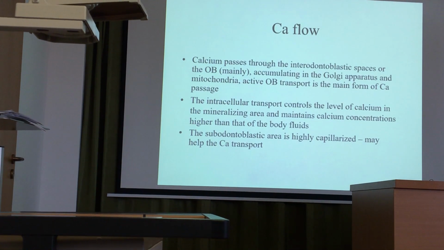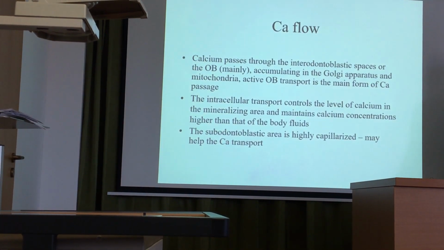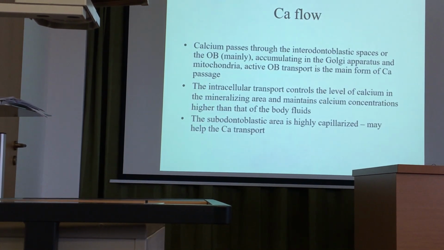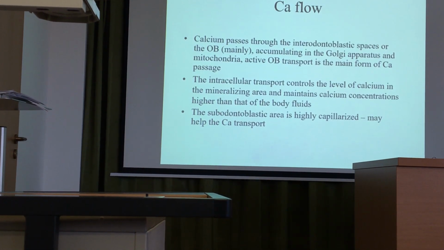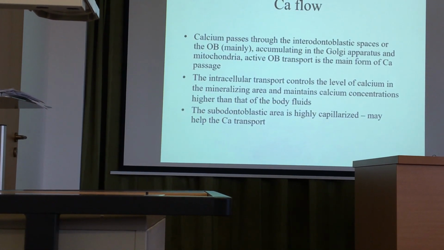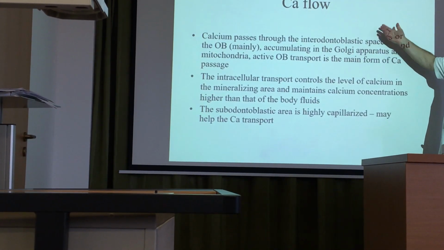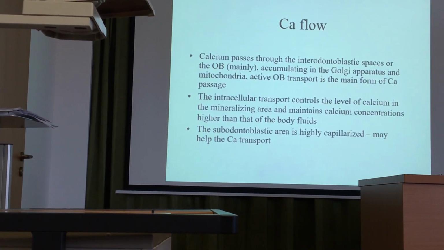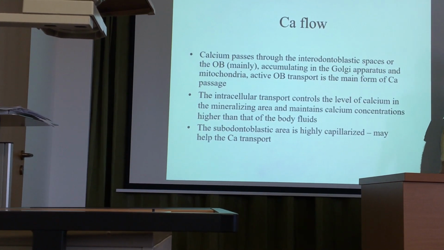And the calcium flow and the calcium supply of the mineralization is important. It is said it is actively transported by the odontoblastic cells, and some part of the calcium passes between cells. Under the odontoblastic layer there is a well supplied area with vessels and blood, and from this area the calcium is transported actively, mainly by the odontoblastic cells, to the mineralization front.